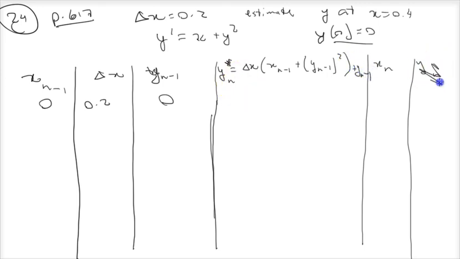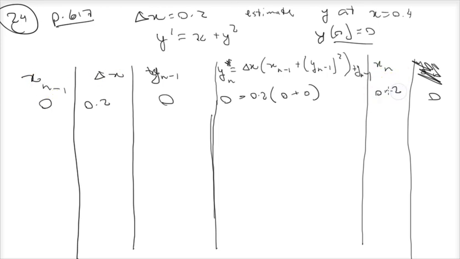So I'm going to get rid of that column, sorry about that. So we've got the change in x, step size is 0.2. x then, that's 0, plus 0. You can see where this is going. Our new y is going to be 0, but our new x is 0.2 because we add the change of x to the old x.